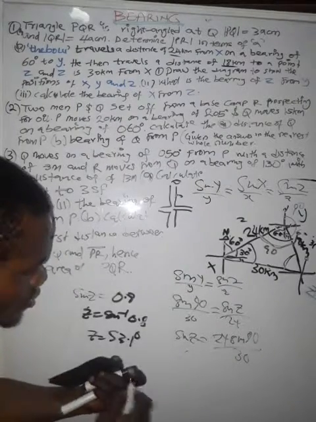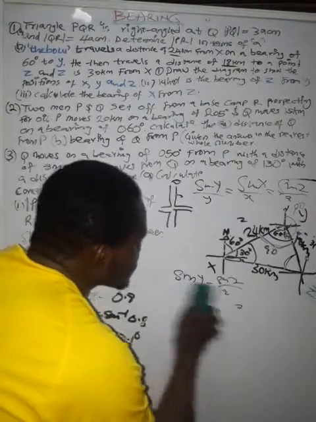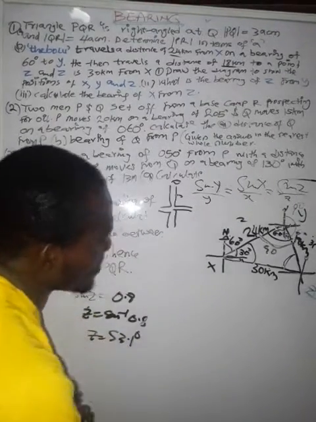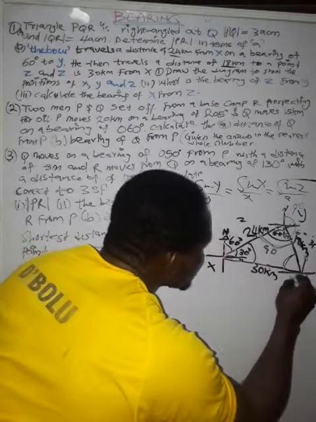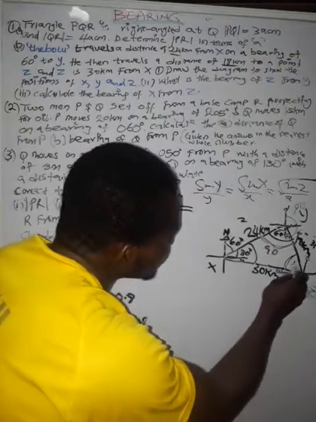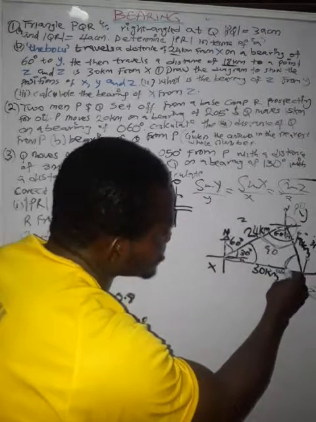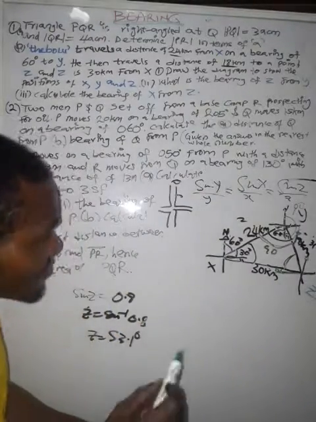This is the answer. Now that I've gotten the angle as z, how do I get this small part? Let me name this point b. The addition of b plus the new angle I got here gives the summation of what is here, which is 60. I've explained earlier.